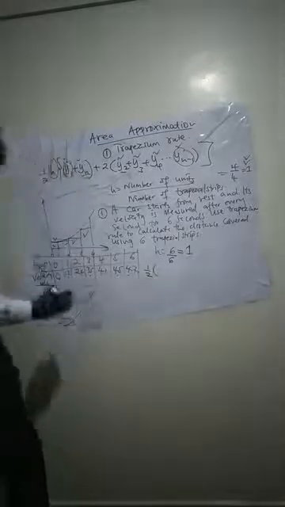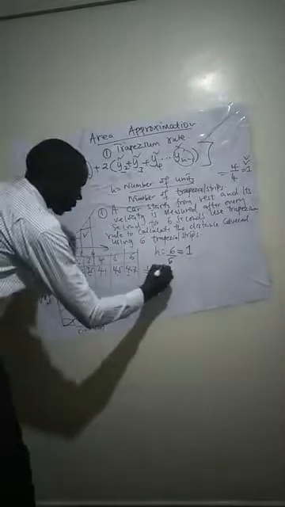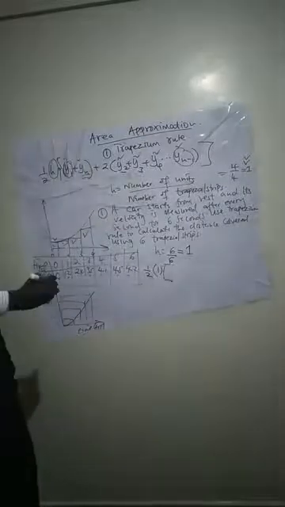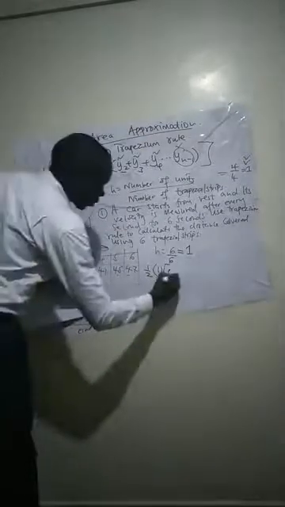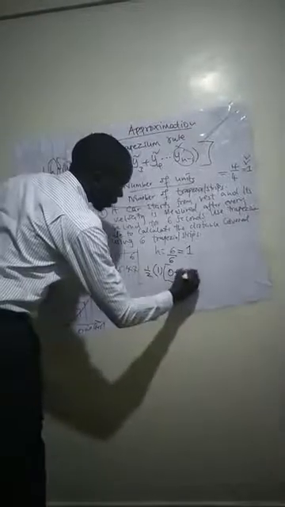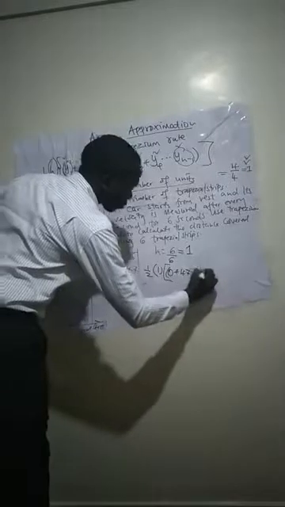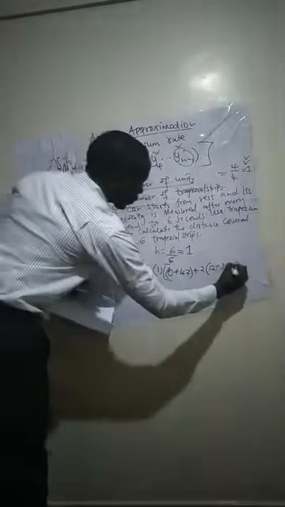So replace in the formula, you'll have 1 over 2 into h, which is 1, into brackets y1. y1 is 0, plus yn, that is 47, plus 2 into y2, 12, y3, 24, y4, 35, y5, 41, and lastly 45.